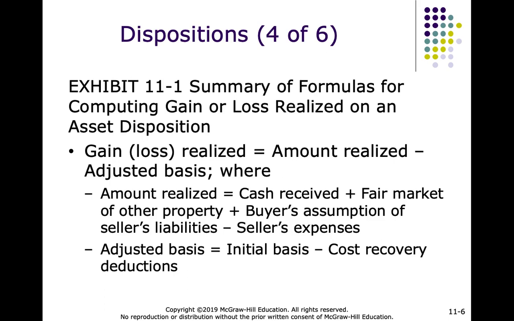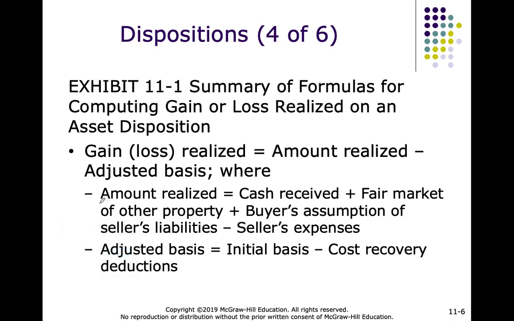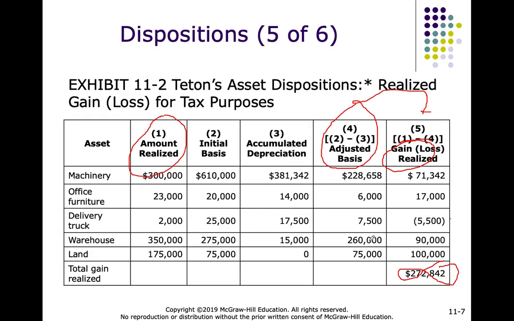Again, gain or loss is the amount realized less the adjusted basis. We have already stated what the amount realized was and what the adjusted basis was. And here we have an example.